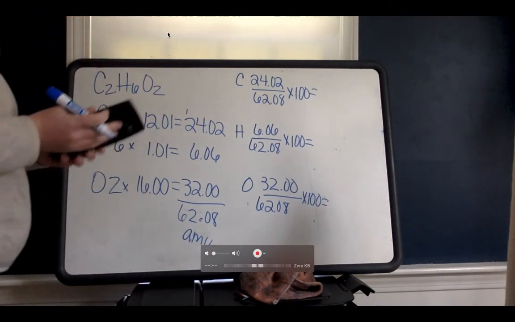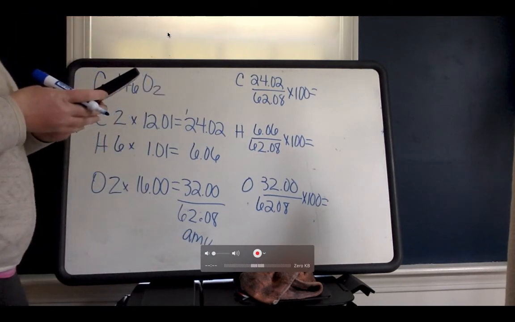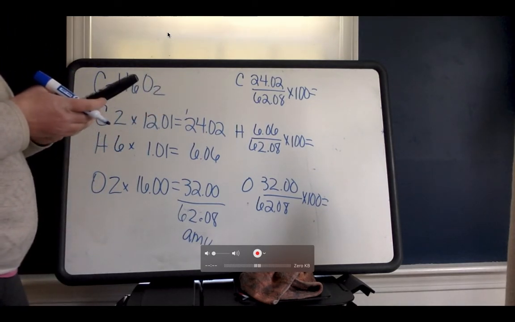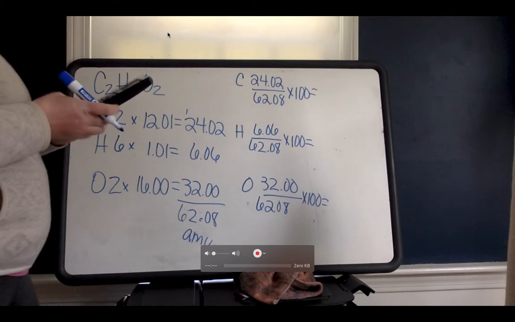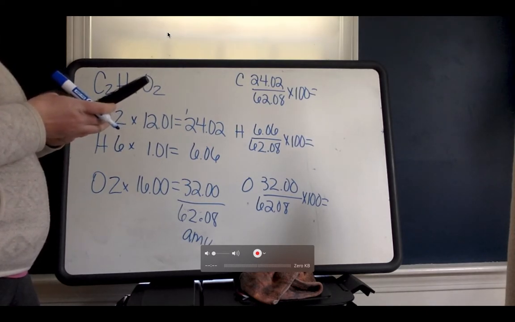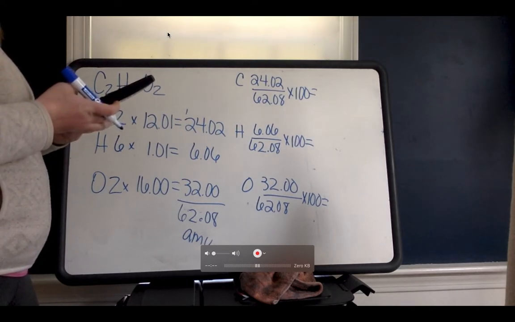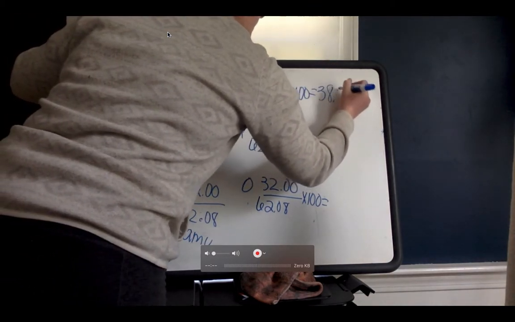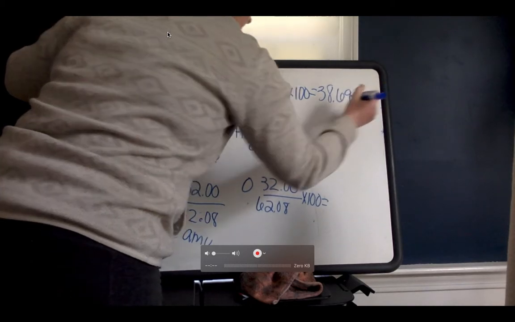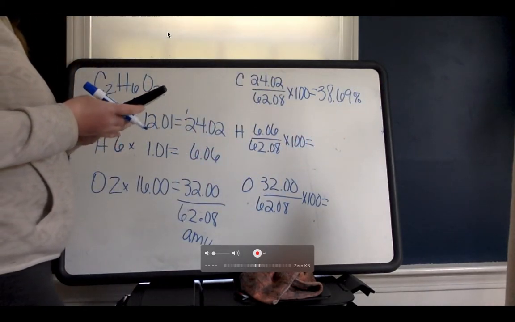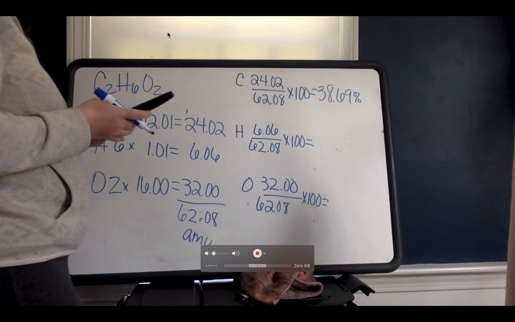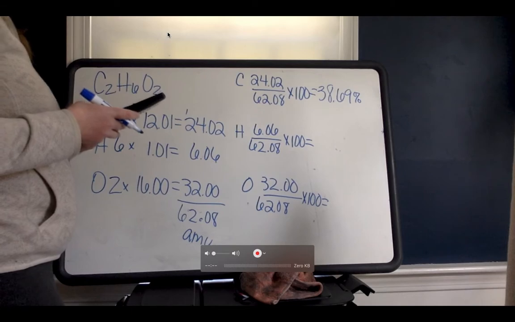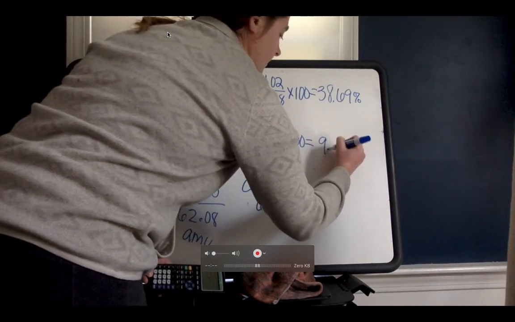So let's go ahead and find our percents. Carbon is 24.02 divided by 62.08 times 100, and you get 38.69%. Hydrogen is 6.06 divided by 62.08 times 100, so we get 9.76%.